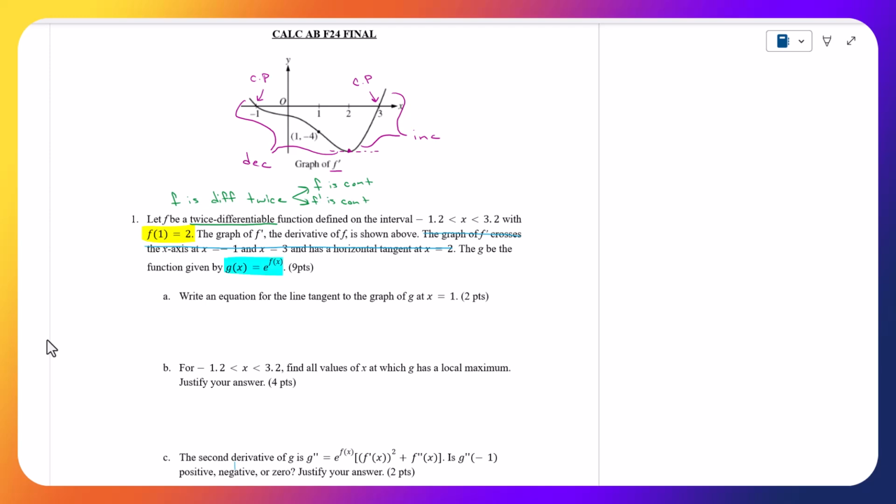So we don't have a lot of information about g, a part that is e to the f of x.